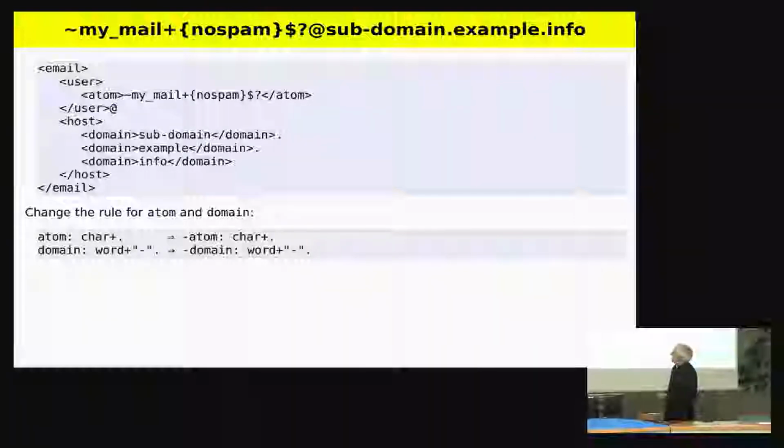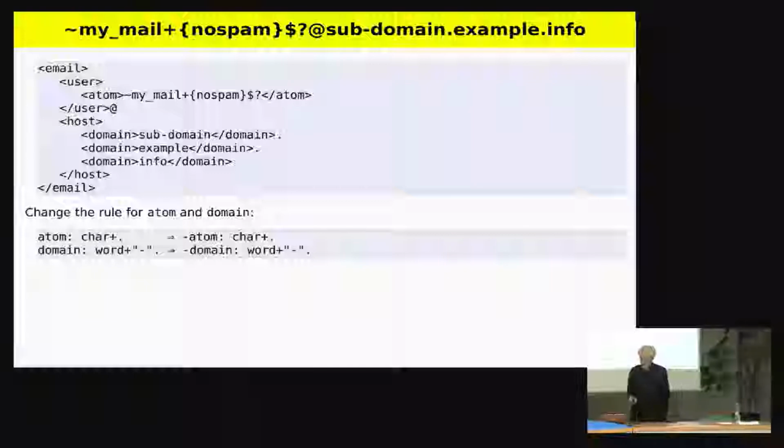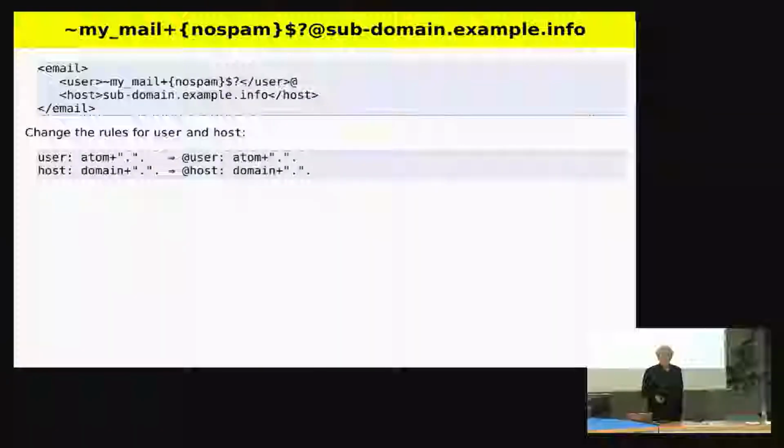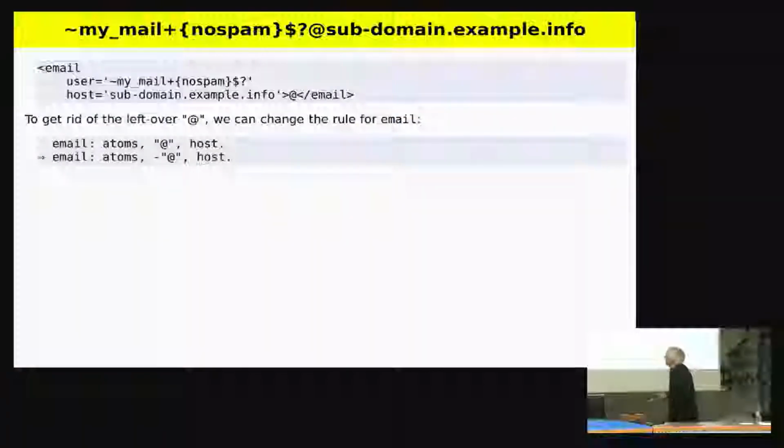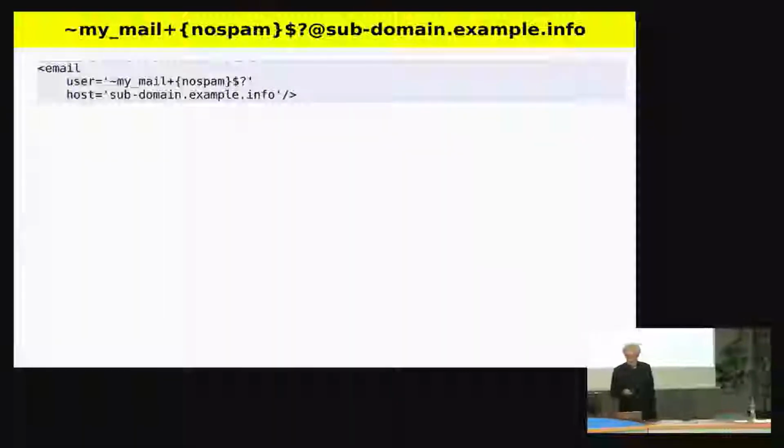Maybe we're not interested in atom or domain either, so we put minuses in front of those, and then we get something that looks like this. And finally, if we'd rather have the user and host as attributes rather than elements, then we put an @ in front of them, and then we get something that looks like this. And finally, if we want to get rid of that spurious @ as it were, then we just put a minus in front of the @ in the rule for email, and then we get the shortest version.